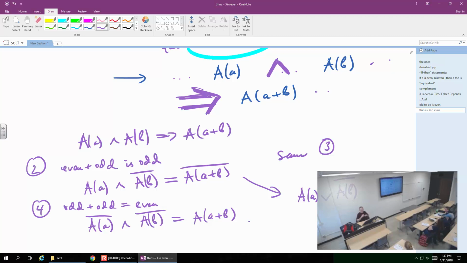I don't think we can draw any conclusions from that. Okay, how about this? There is nothing useful here. What about this one? Either one is even or the other is even. No. No. What should I put here?